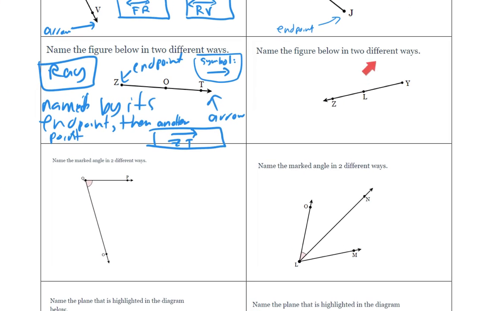So we notice right over here, this is also a ray, right? And we know it's a ray because it has an endpoint. We said we're going to name it by its endpoint, then another point. So endpoint first, so Y, then Z. But here's the key. We said the symbol always points to the right.